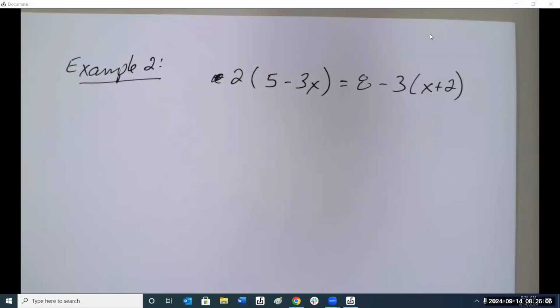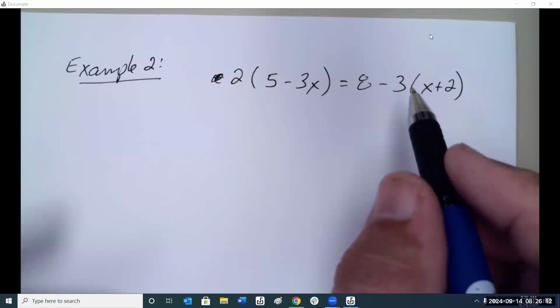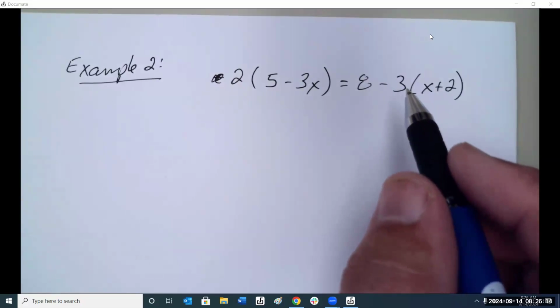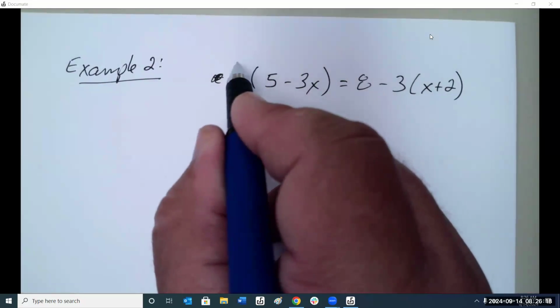So order of operations says do what first? Can we do anything inside the parentheses? No, because they're not like terms. So if we can't do anything inside the parentheses, we have to get rid of the parentheses by distributivity.